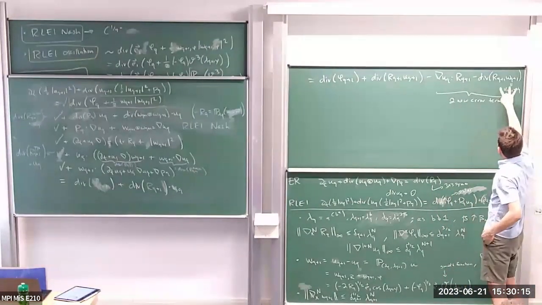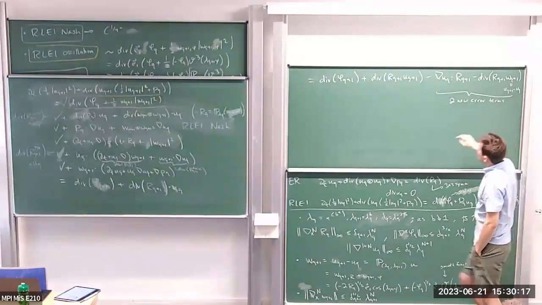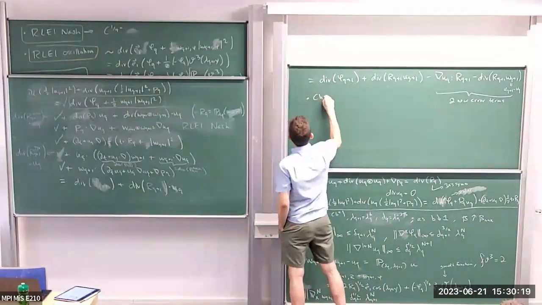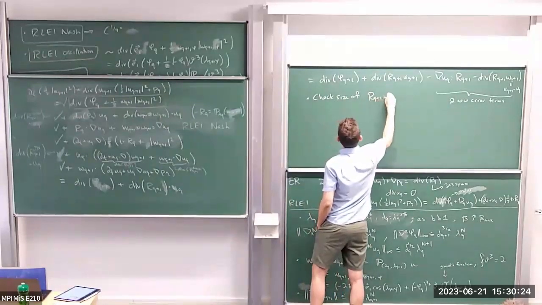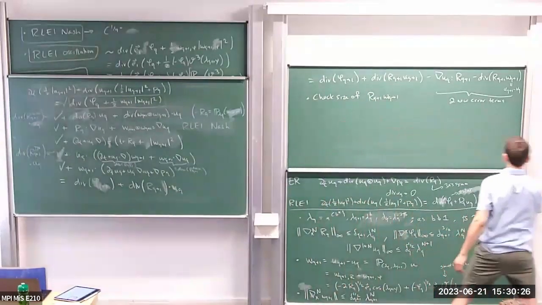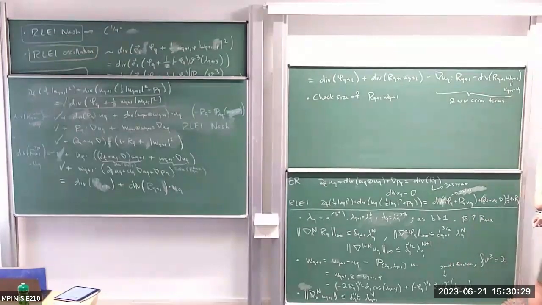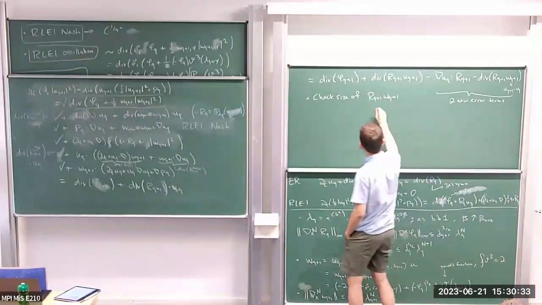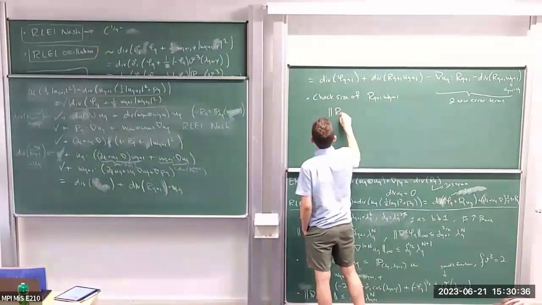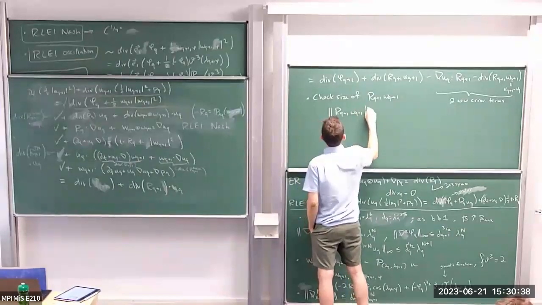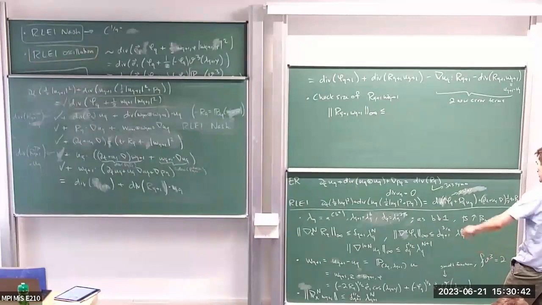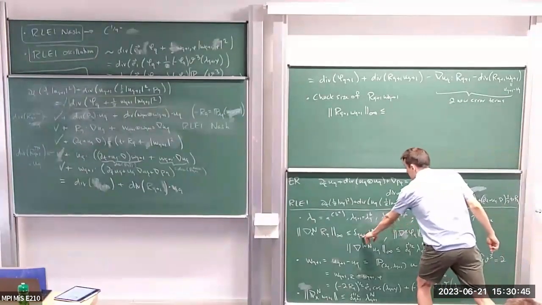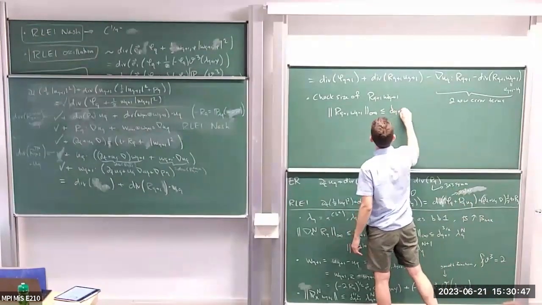let's check the size, at least, of this one. So let's check the size of RQ plus 1, WQ plus 1. It's already inside of a divergence, so I don't need to do anything there. I'm just checking the size of this. How big is this? Well, RQ plus 1 is going to be delta Q plus 2.